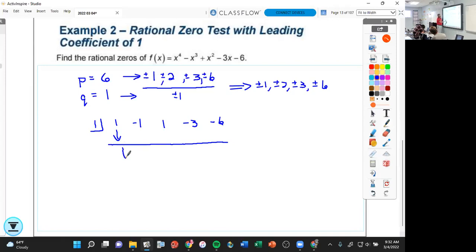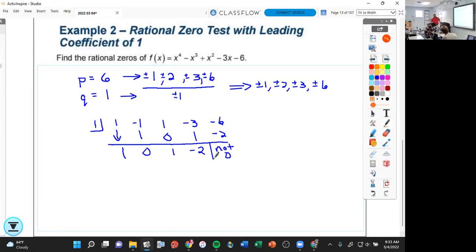Multiply and combine. 1 times 1, 1. Combine those, 0. 1 times 0. Combine. 1 times 1. Combine. 1 times -2. Combine. Not 0. Which means x minus 1 is not a factor of this guy.